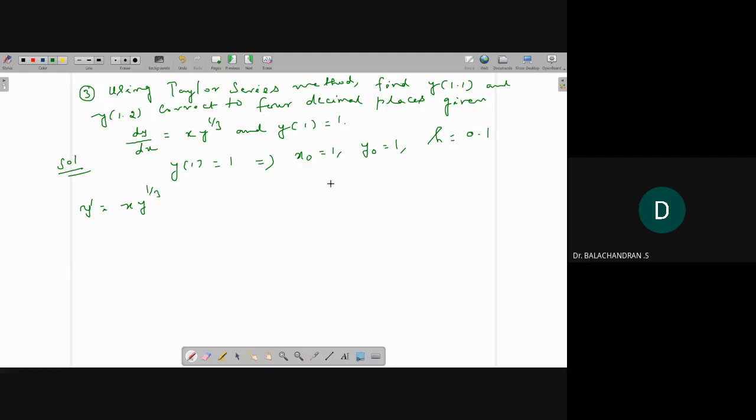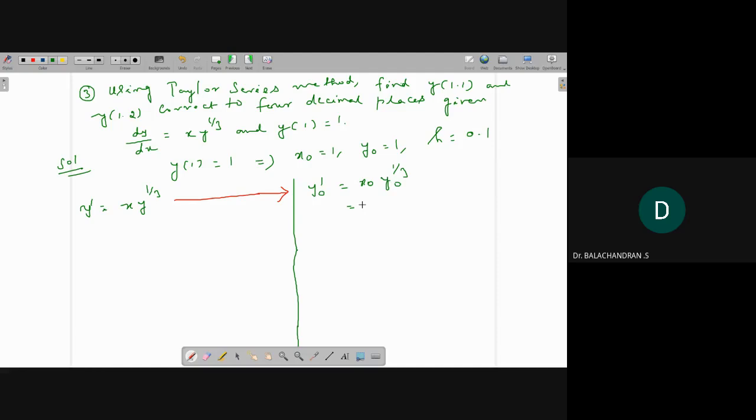Now find the corresponding y naught dash. y naught dash is equal to x naught into y naught power 1 by 3.